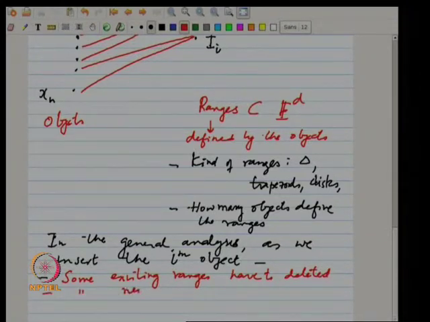Some new ranges have to be created, okay. And when we do this, we have to reallocate, or basically we have to change these edges. Some of the old edges will disappear, the relationship between the objects and the ranges that are affected. The ranges that are deleted, those objects will have to be now redistributed to the new ranges, okay.